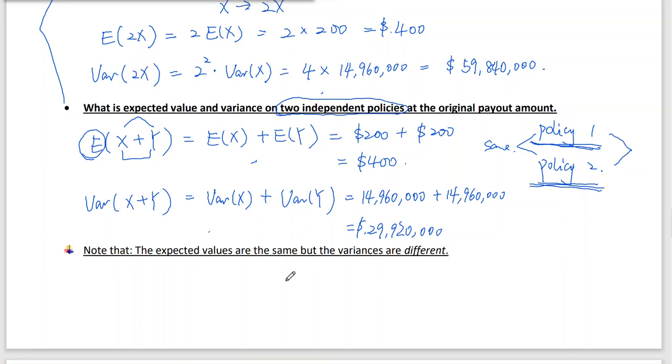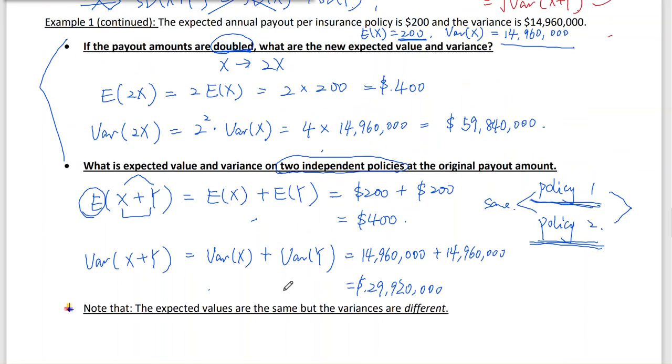So here is the question. If you pay double, would that be the same as having 2 policies where you pay for 2 policies? Which one has the smaller risk? Which one is paying the more stable amounts?